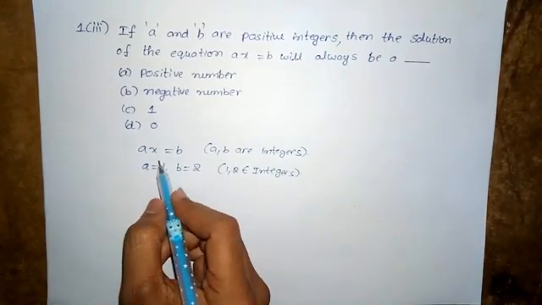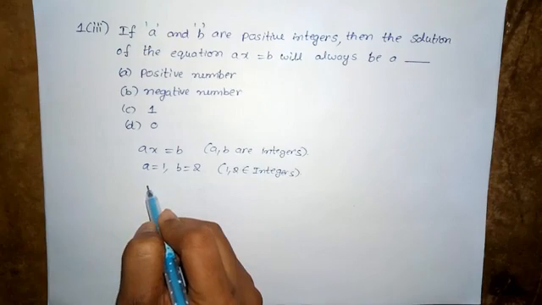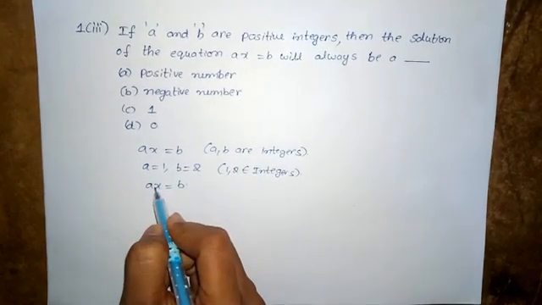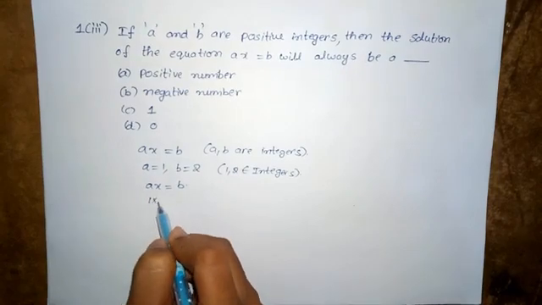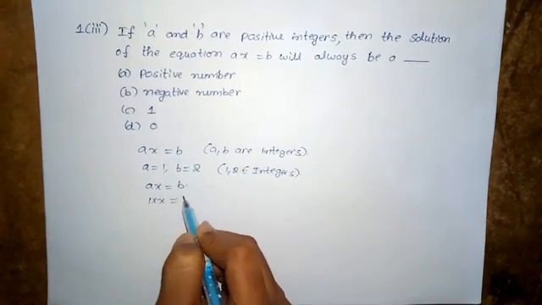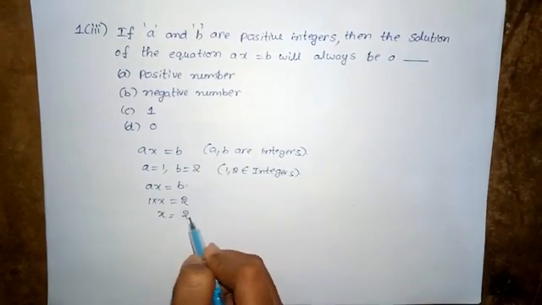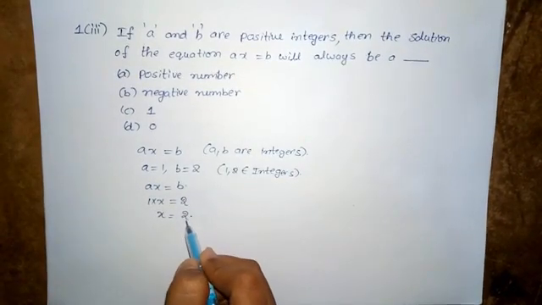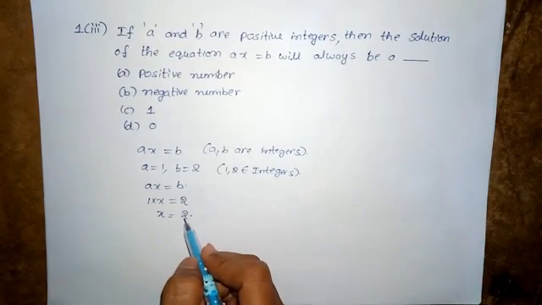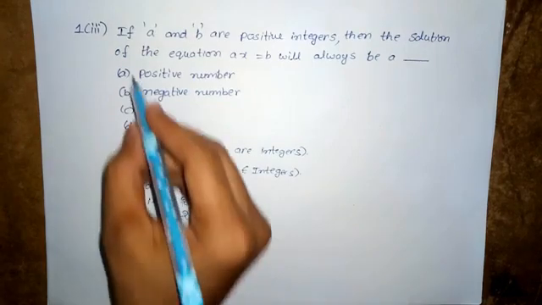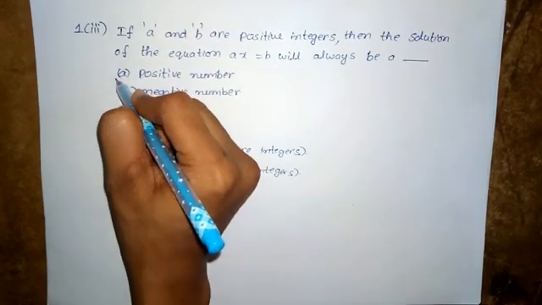Now substitute in this simple equation. ax = b. The a value is 1. So 1 into x is equal to the b value 2. So x = 2. Observe, 2 is positive. Like this, if you take any integers, the x value you will get is a positive number only. So option 1 is the right answer, option A.